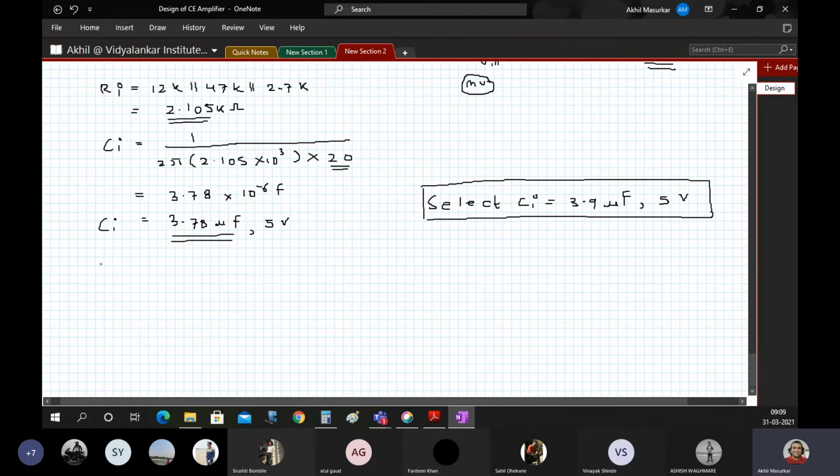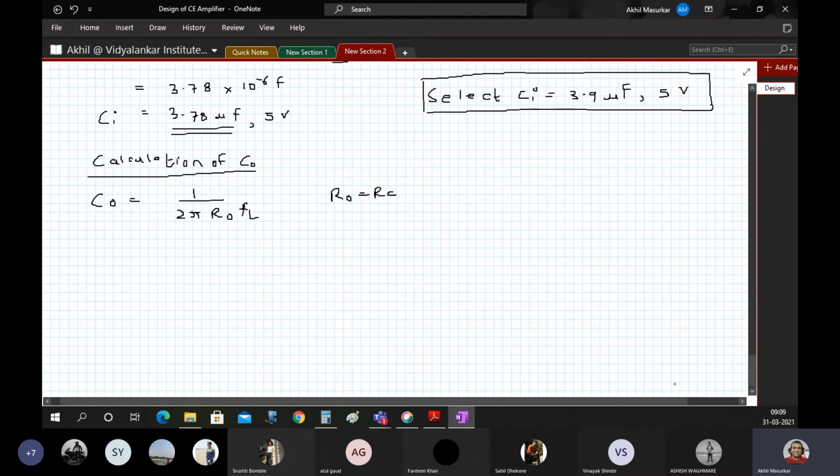Then next, calculation of C0. So C0 is equal to 1 upon 2 pi R0 fL. Now what is R0?